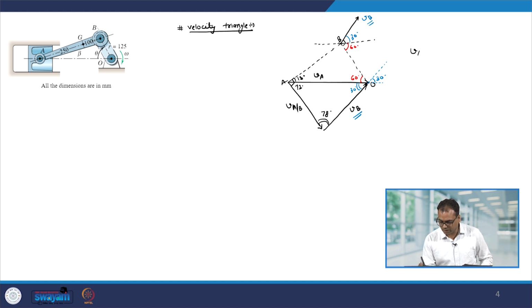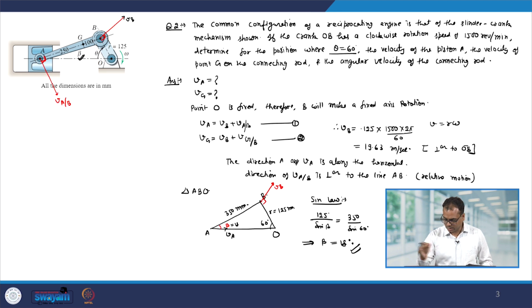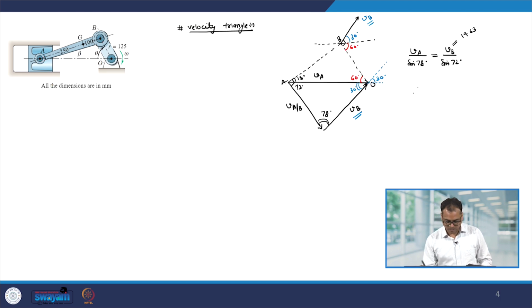So, we have VA divided by sine 78 degree equal to VB divided by sine 72 degree. Okay. And the velocity of B is known, this is equal to 19.63, something that we have found out. So, from here very easily we get VA equal to 20.2 meter per second.